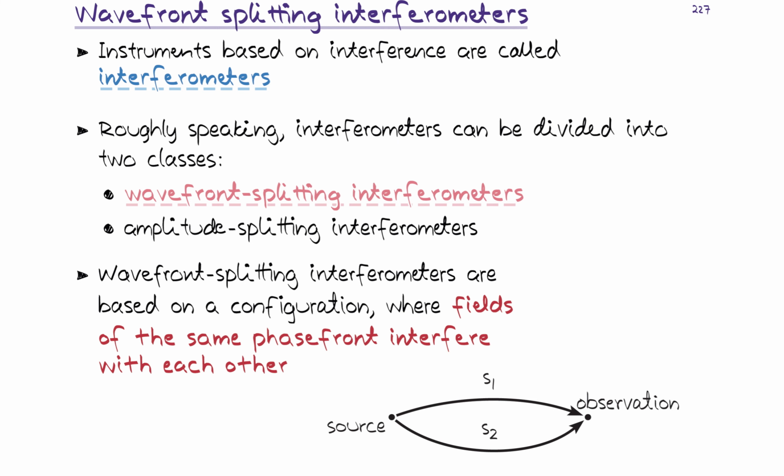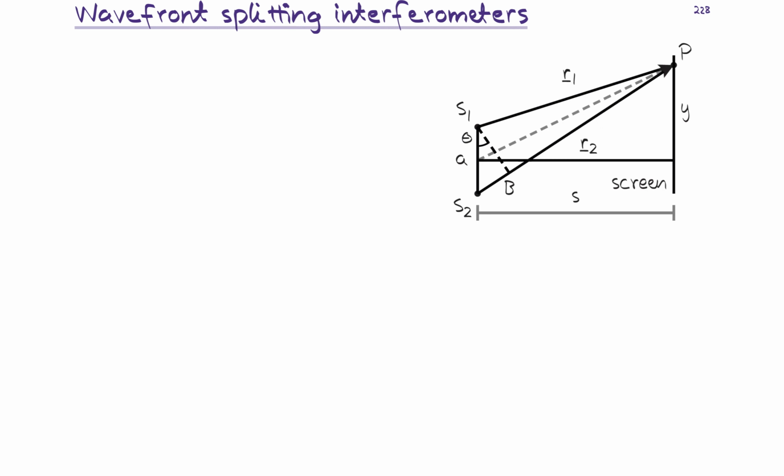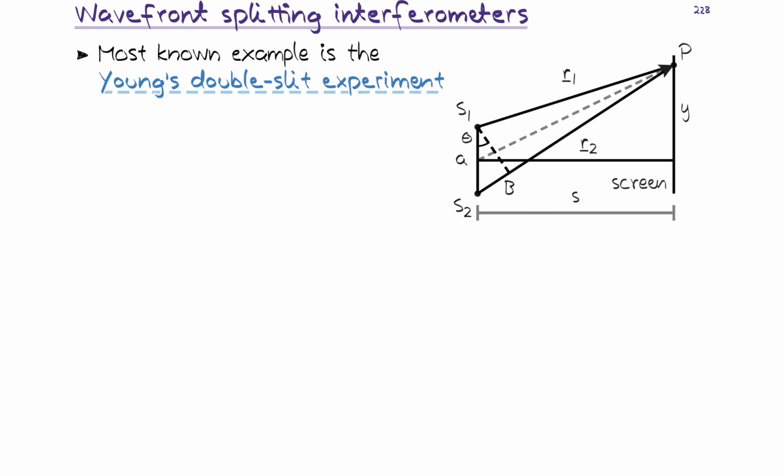We have two fields of the same phase front, and we let them interfere with each other. A good example, and perhaps the best known, is Young's double slit experiment.